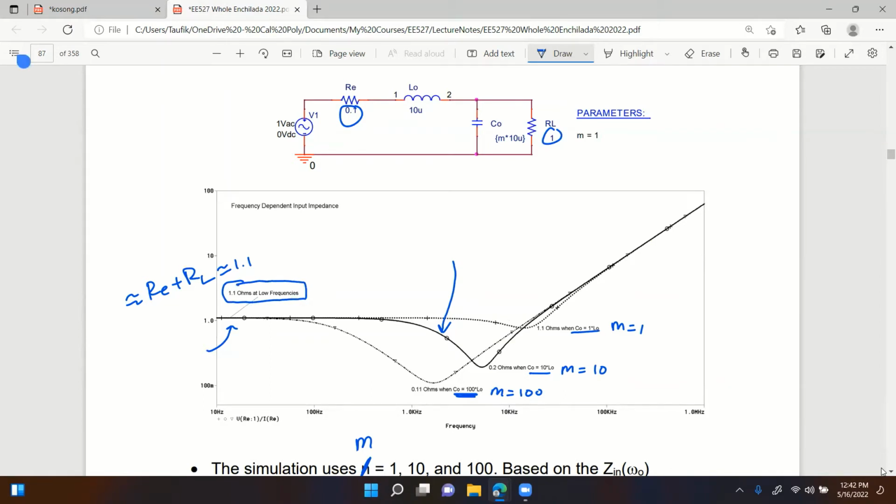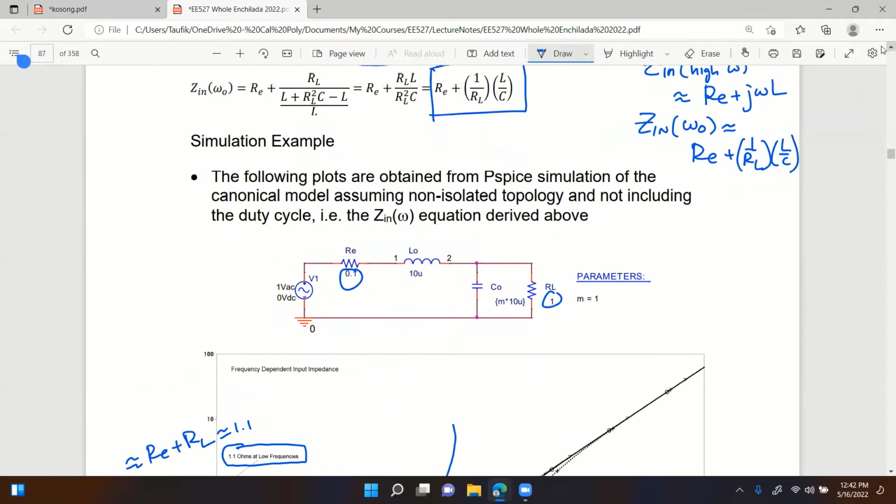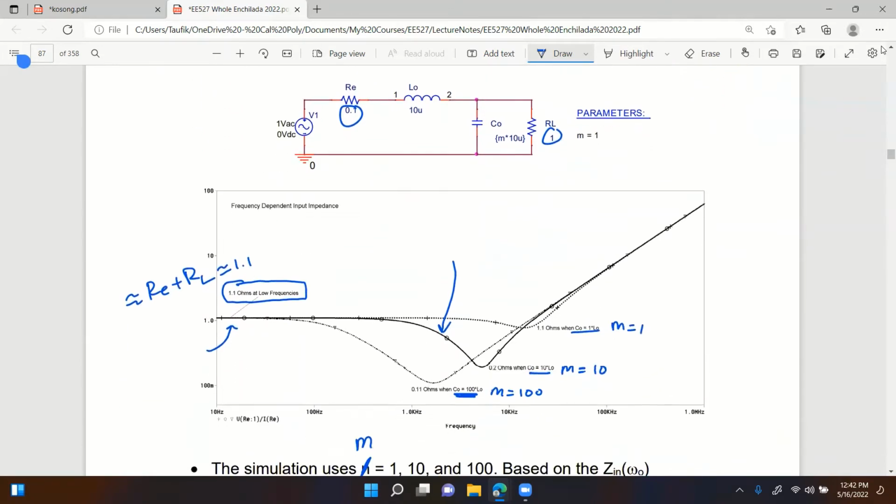And then what else did we say? We said that at higher frequencies the input impedance is RE plus j omega L. That's a line with a slope of 20 dB per decade, right here. As you can see, it's a slope.